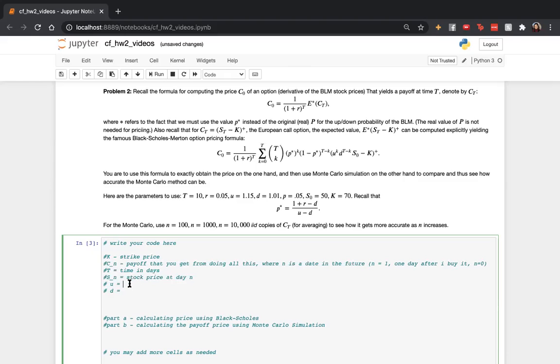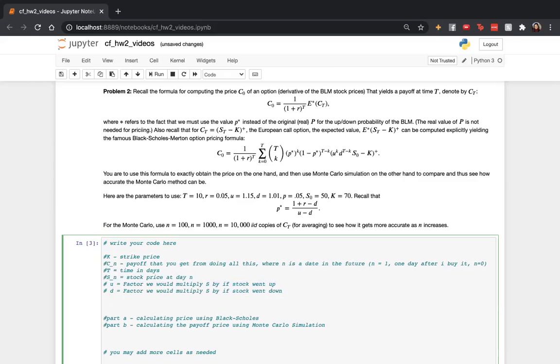So we're going to write that down. U is the factor we would multiply S by if the stock went up, and D is the same thing, but the opposite: if the stock went down.